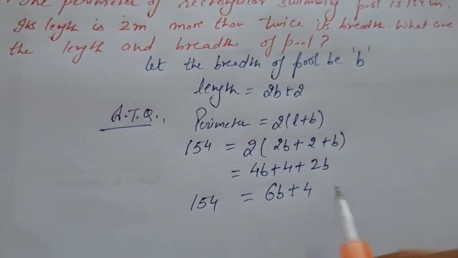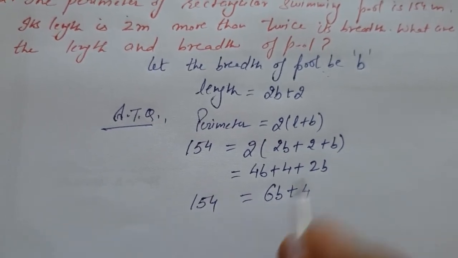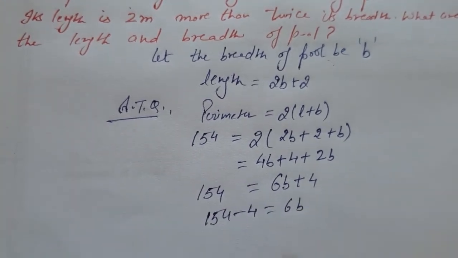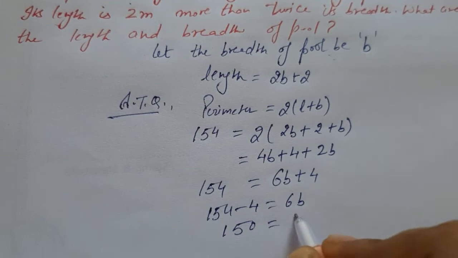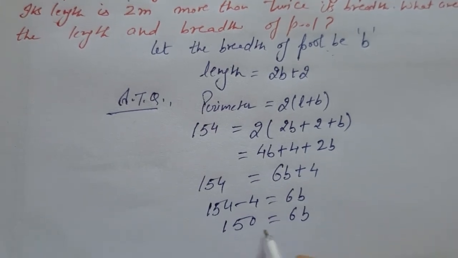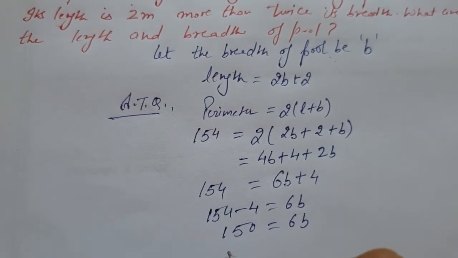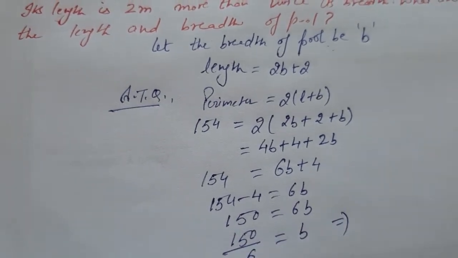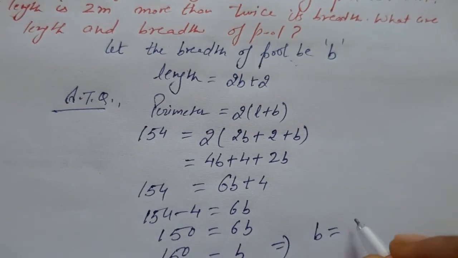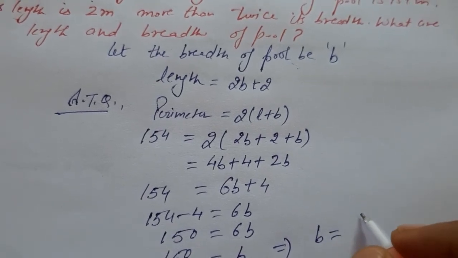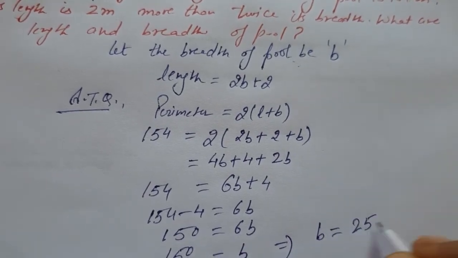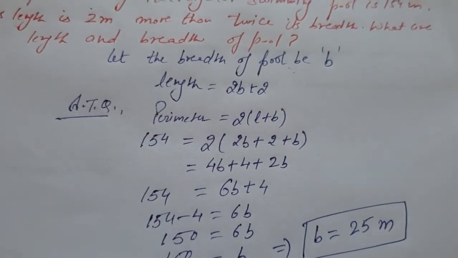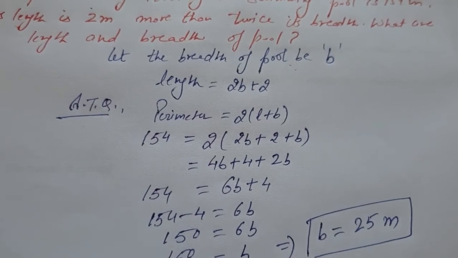Now let us transpose 4 to the left side. It will become 154 minus 4 is equal to 6b, or 150 is equal to 6b. Now we will divide both sides by 6. It comes out to be 150 by 6 is equal to b, or b is equal to 25. So the units were given in meters, so the breadth comes out to be 25 meter.